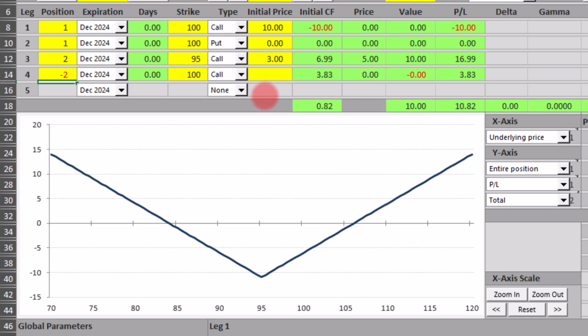Now think about it. The stock has fallen 5. We picked up 5 points from our short deltas, but now we've spent 6. If that's true, we should be worse off by $1. We should be at negative 11. Let's go check. So if we come down here, there you go. See that negative 11?